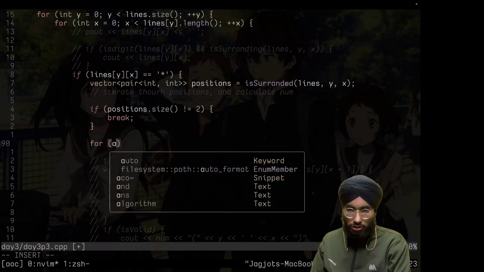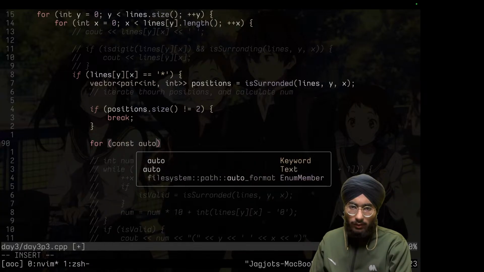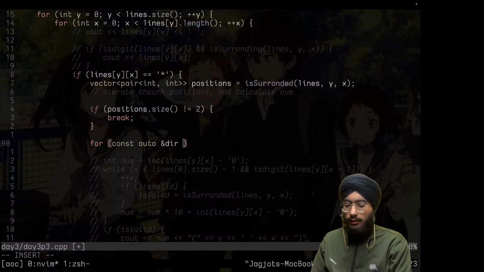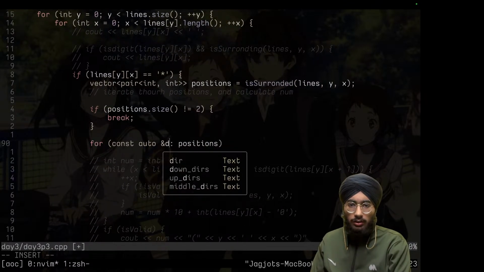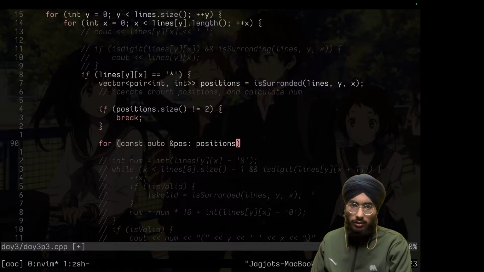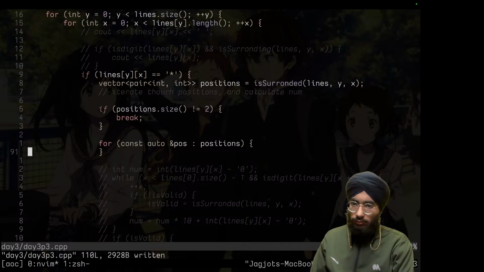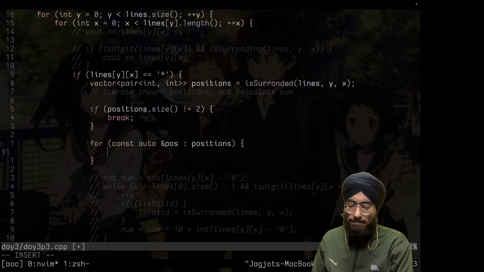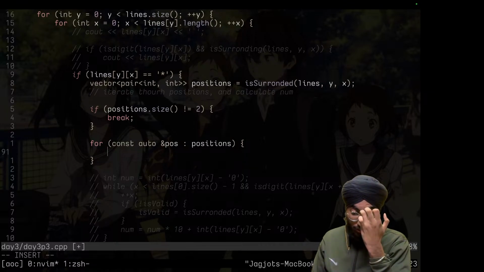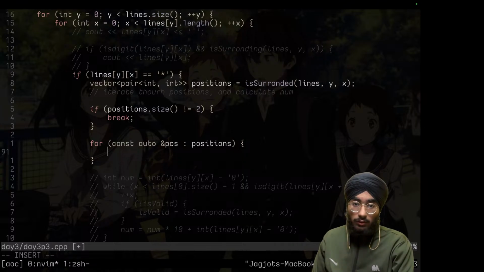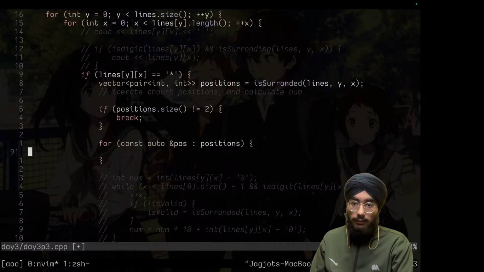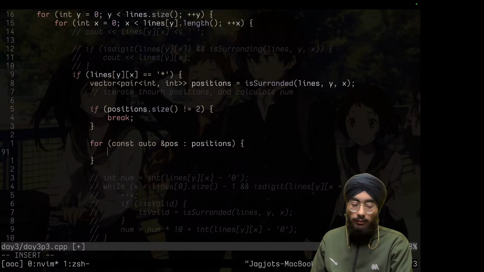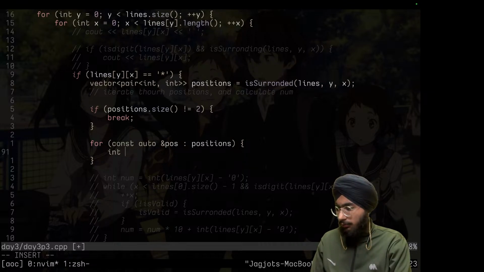For const auto and dir in positions, for each position, int upper, int new y or what?